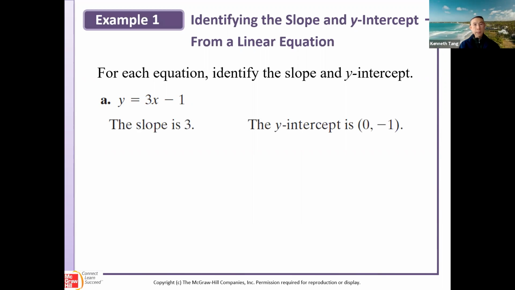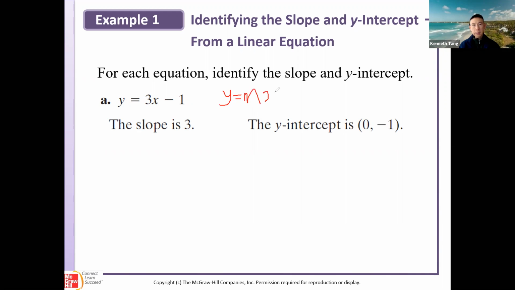One thing you have to remember is the formula y equals mx plus b. Now that you have this slope-intercept formula, you can see the m is exactly the coefficient of the x term, 3, so you know the m is 3.